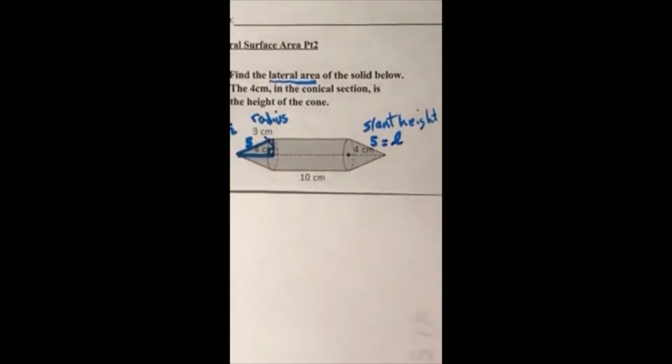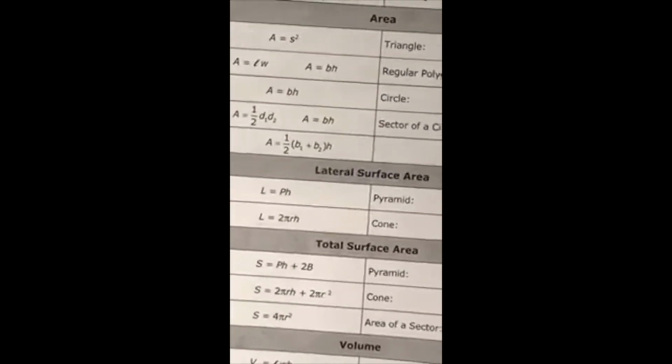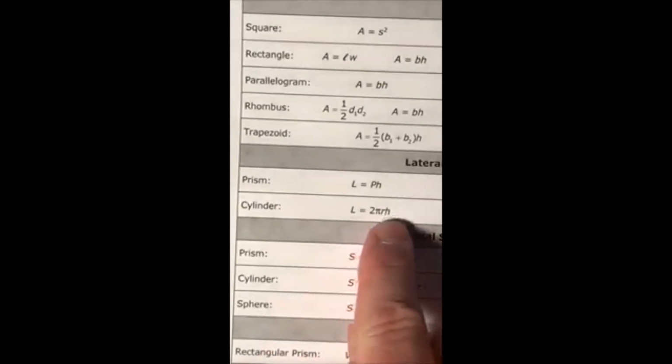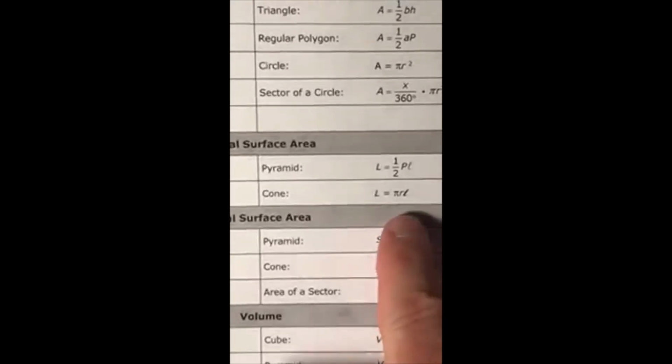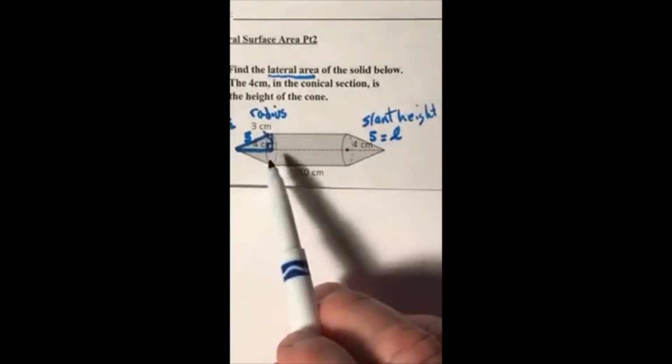Now what are the formulas for a cone and a cylinder? Remember that we want to write down the lateral area. The cylinder is 2 pi RH, and the cone is pi RL. All right, so how many do we have?